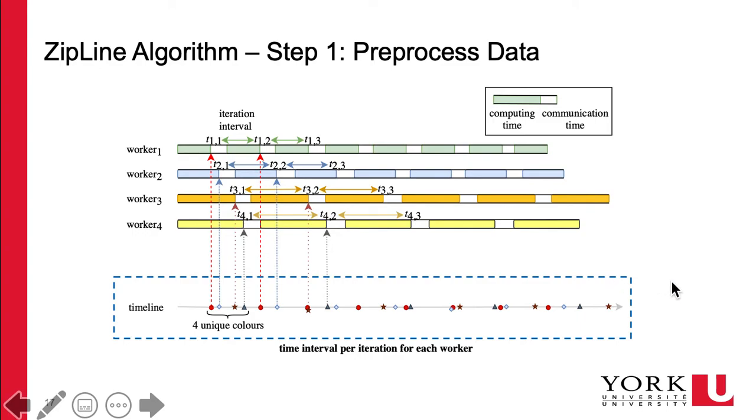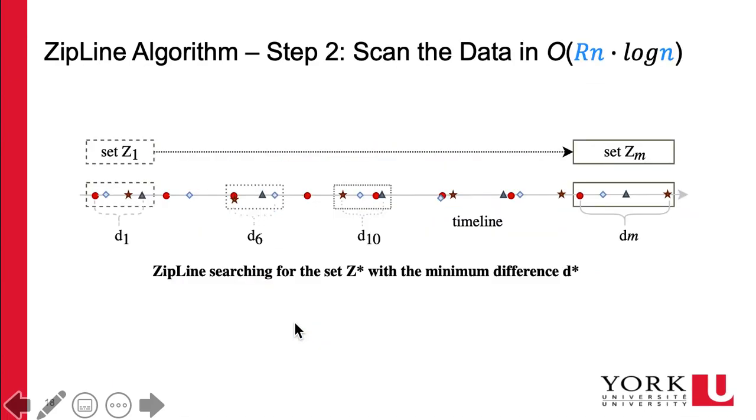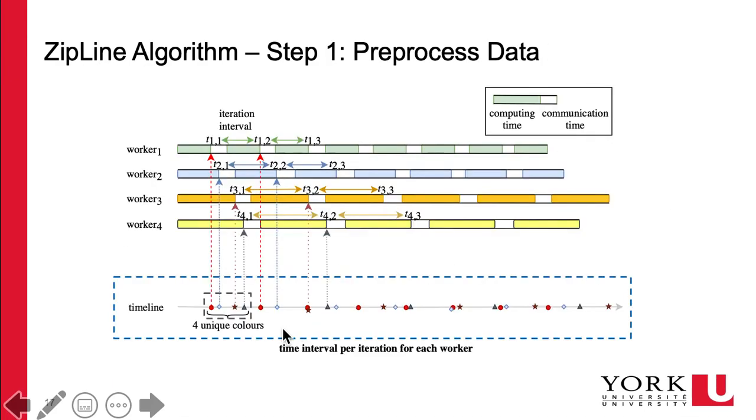Then our optimization is transformed into this color-looking problem, where we are looking for a set that contains unique colors that includes all the workers, and the range should be the minimum.